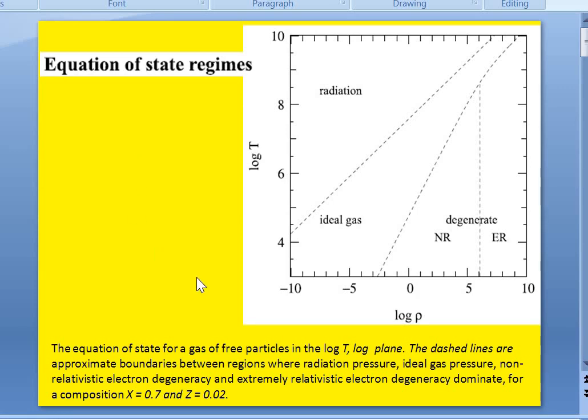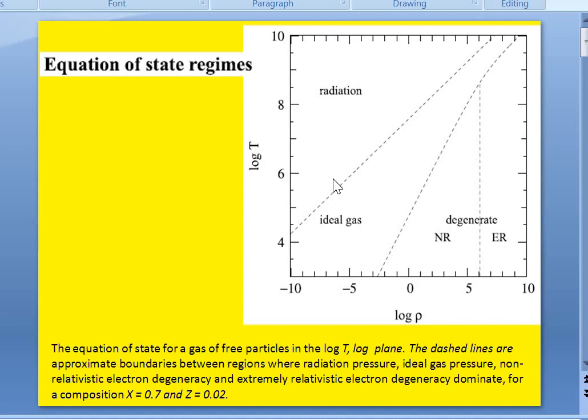So you see the equation of state for a gas of free particles in the log T log rho plane, and I will be now showing you the various dashed lines, which are basically the approximate boundaries between regions where radiation pressure, ideal gas pressure, non-relativistic electron degeneracy and extreme relativistic electron degeneracy dominate.